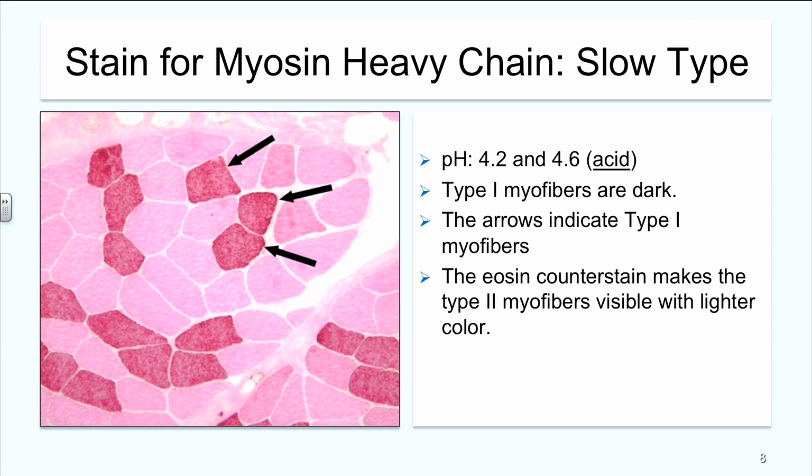Here we are looking at an acid pH of a myosin heavy chain study, and obviously the fibers that are dark are type 1 fibers. That means that they are rich in mitochondria, rich in lipid, and you can actually see their distribution throughout this myofiber, the fascicle. And also you can see the lighter fibers.